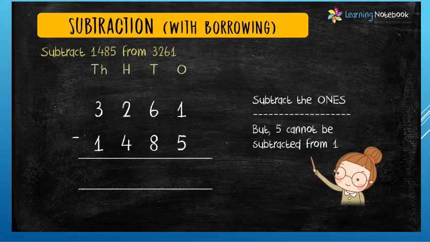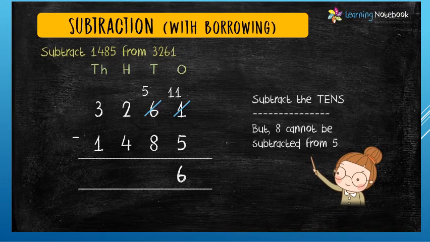So let's borrow 1 from 6. So 6 becomes 5 and 1 becomes 11. Now we can subtract these digits at ones place. So let's subtract 5 from 11 and we get 6. Now let's move and subtract the digits at tens place.